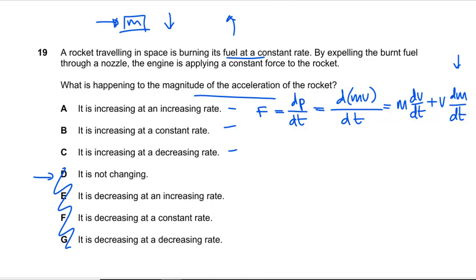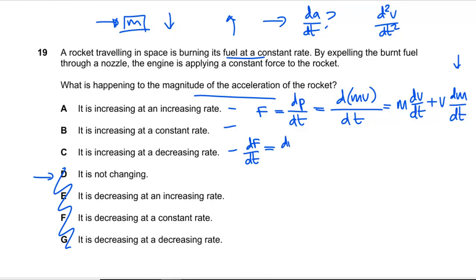We already know the acceleration is increasing. We want to know the rate of change of the acceleration, so we want dA/dt, or d2v/dt squared, same thing. So if we differentiate this again, we're going to get an equation with that in it. We're going to have dF/dt, and with constant force, that'll be 0.